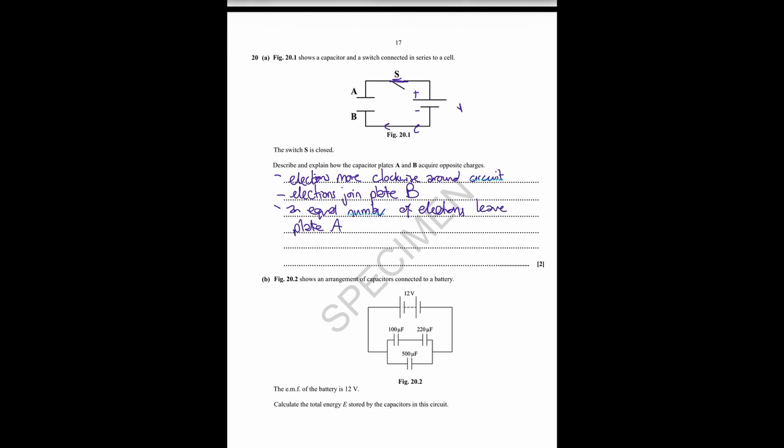So therefore plate B will be negative, and plate A will have the same magnitude of positive charge. And then, yeah, that's fine.